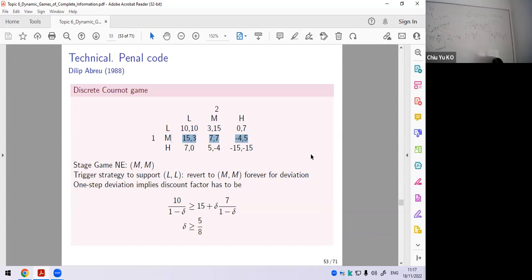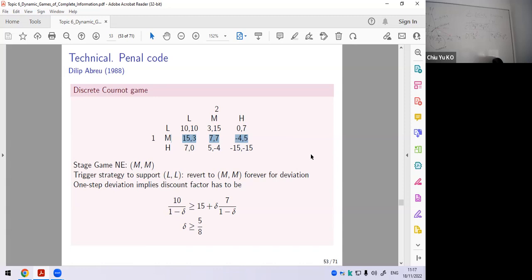Okay, so this is the game, and I'm not going to do the detail. The thing is, first you want to see if this can be supported, right? You can forget about this. Basically, it's a prisoner's dilemma, right?